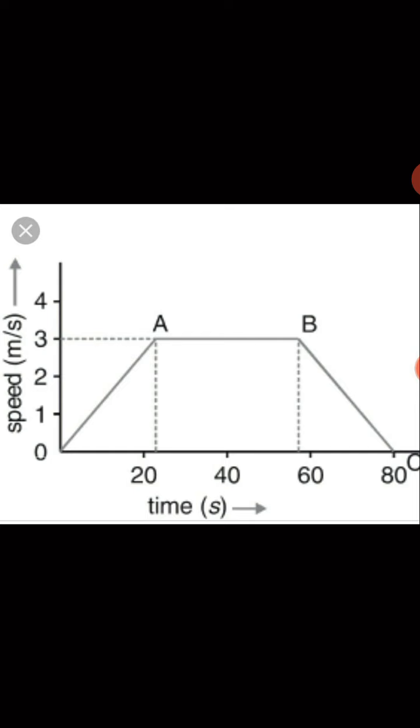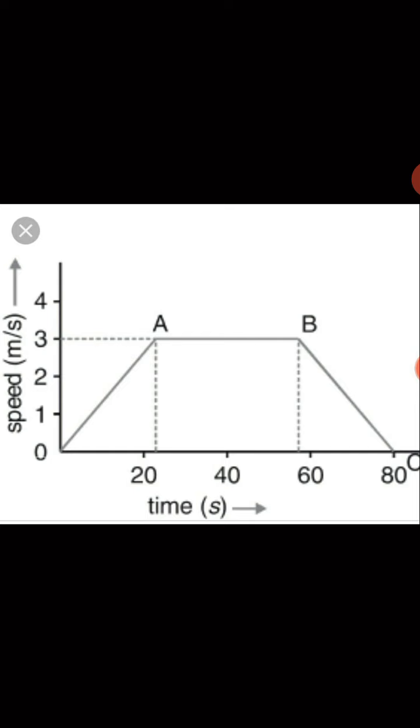What is the speed of the object at time 20 seconds? It is a little ahead of 20, let's say 22. After 22 seconds, what is the speed at which the object is moving?